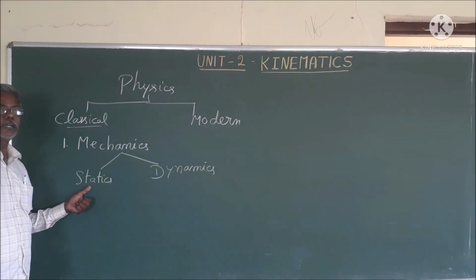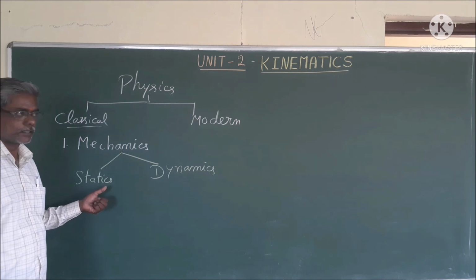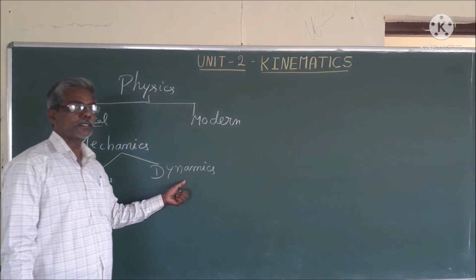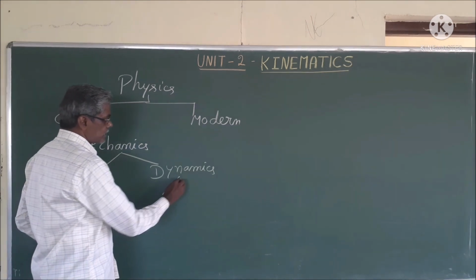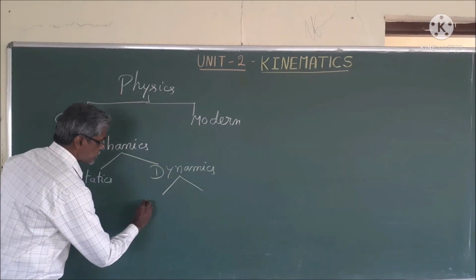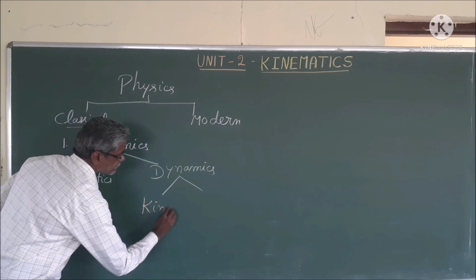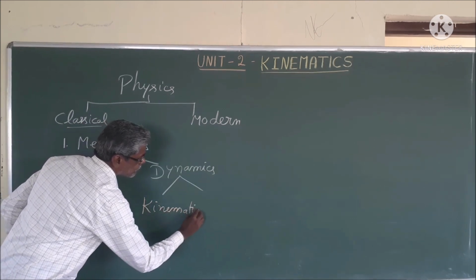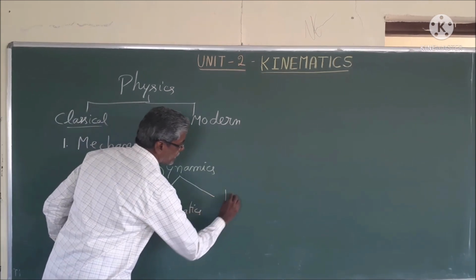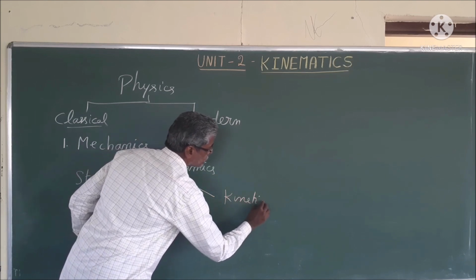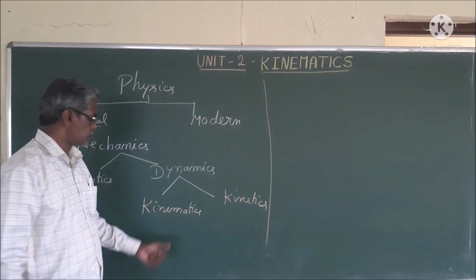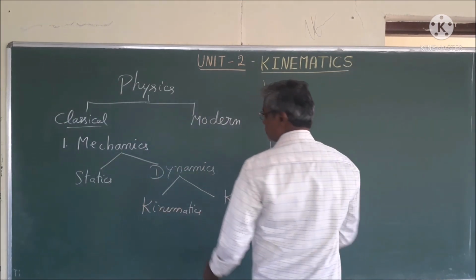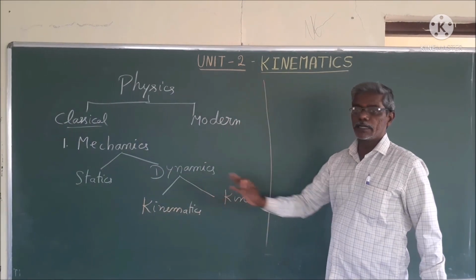Statics means the study of objects which are at rest. Dynamics means the study of objects which are in motion. This dynamics is classified into two types: one is kinematics, the other one is kinetics. So now we will be going to kinematics.